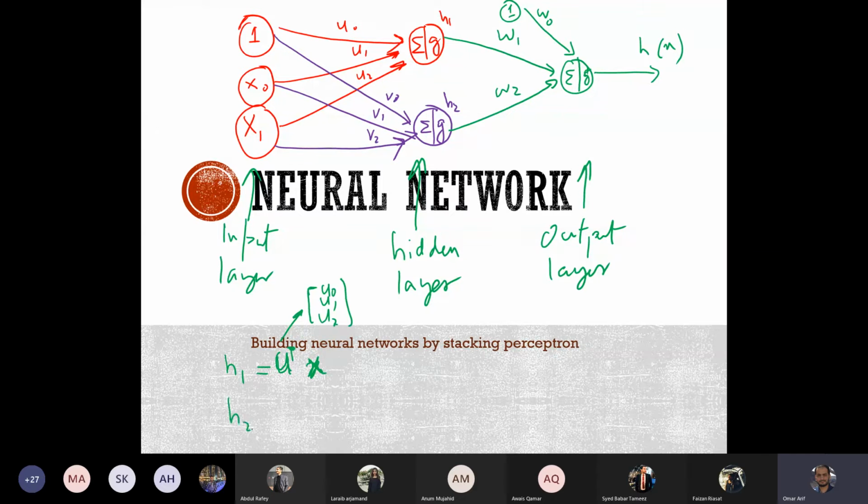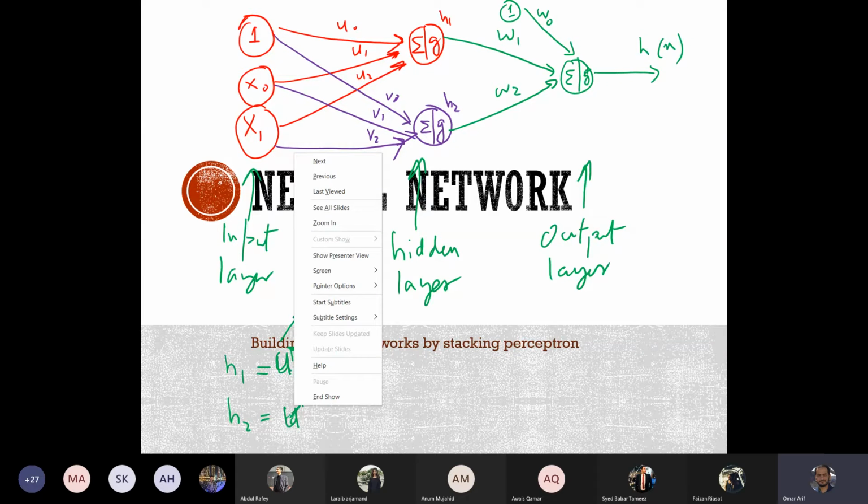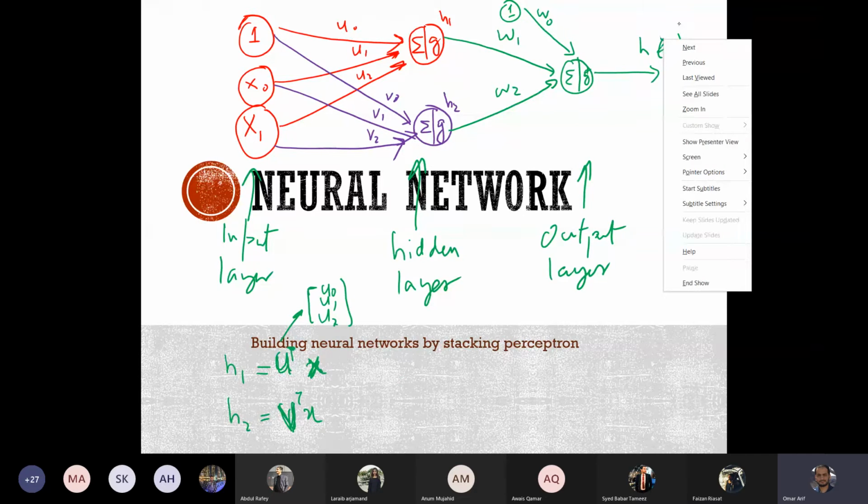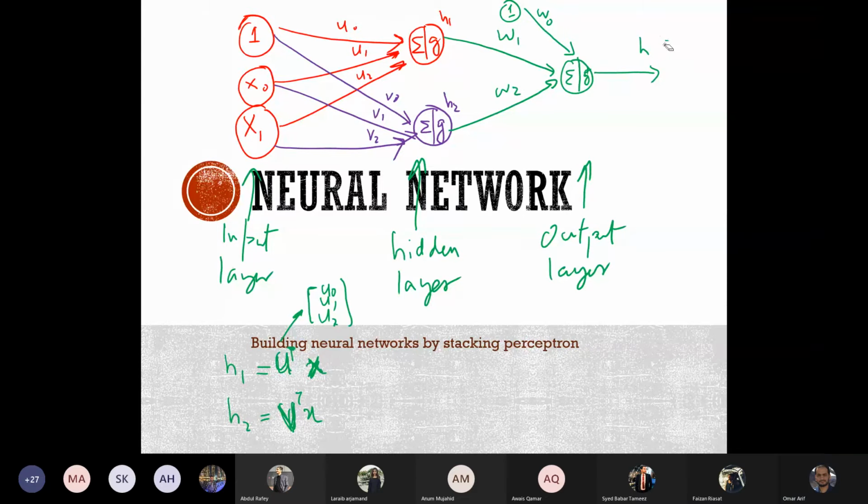Similarly, for the second neuron, the weight vector is V, so V transpose X. And my final hypothesis, which maybe I can call H simply without any subscript, or maybe I can call it H3 also.